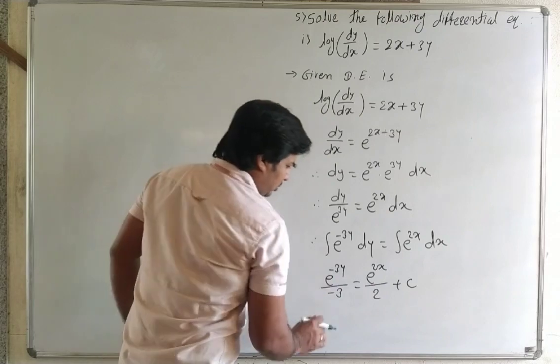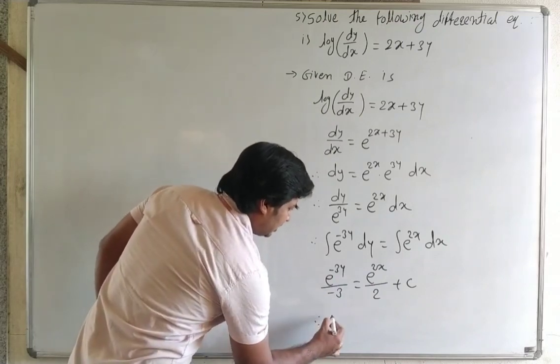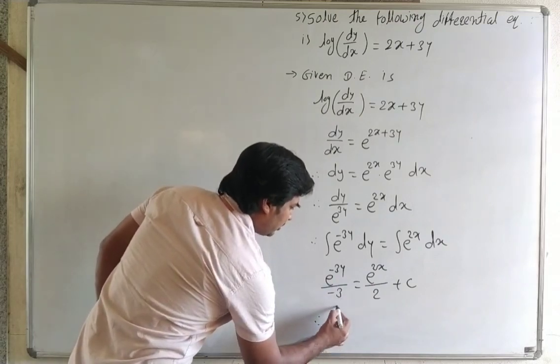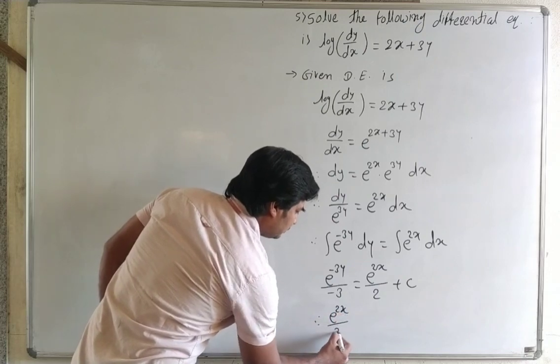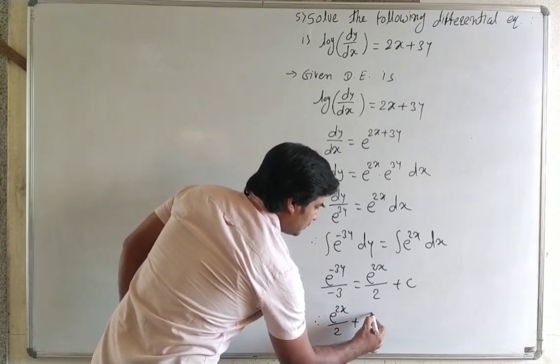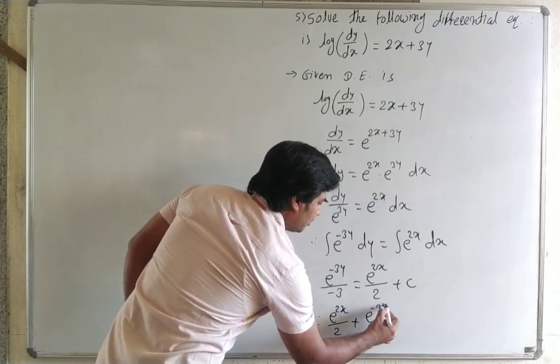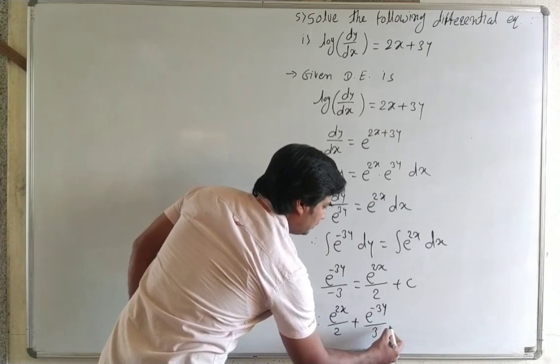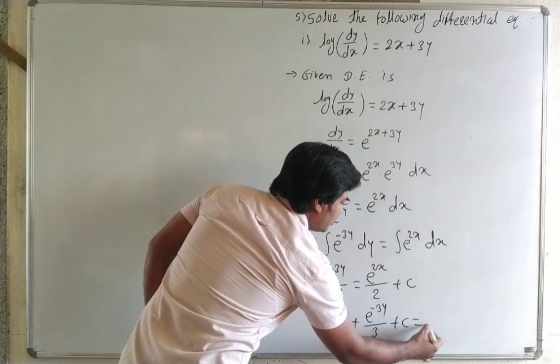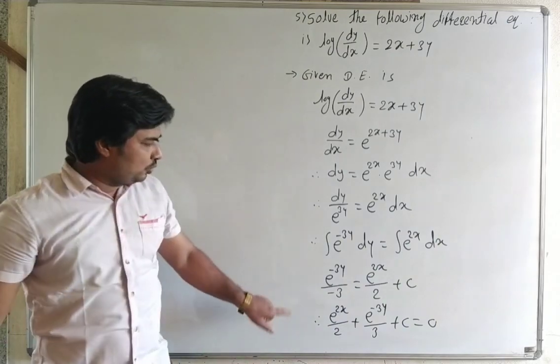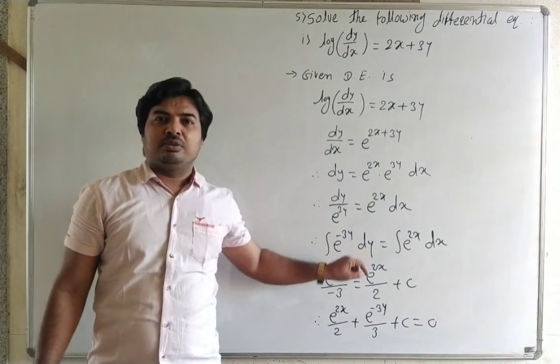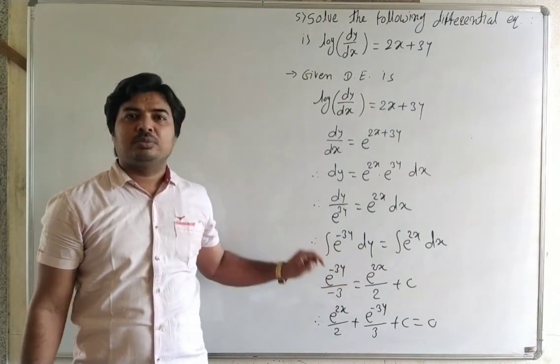Here we write this equation in the form e to the power 2x upon 2 plus e to the power minus 3y upon 3 plus c is equal to 0. This is a solution, and it is a general solution of the differential equation.